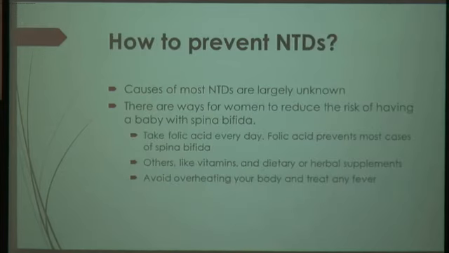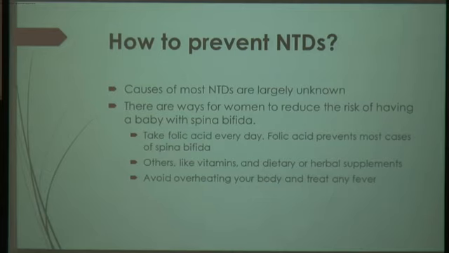Neural tube defect is mostly not quite treatable, so how do we prevent it or minimize the risk of a baby having a neural tube defect? People have found that if you let pregnant women take folic acid every day from a certain period, this folic acid can prevent most cases of spina bifida.